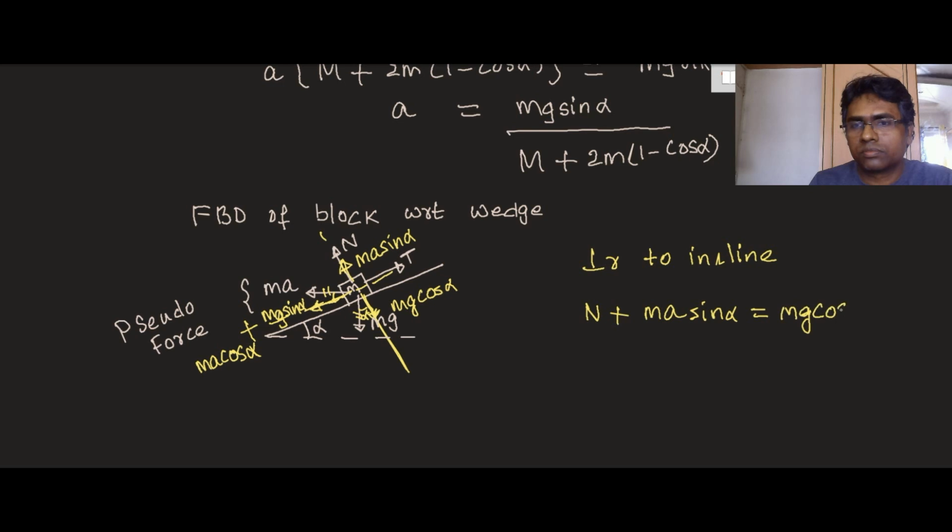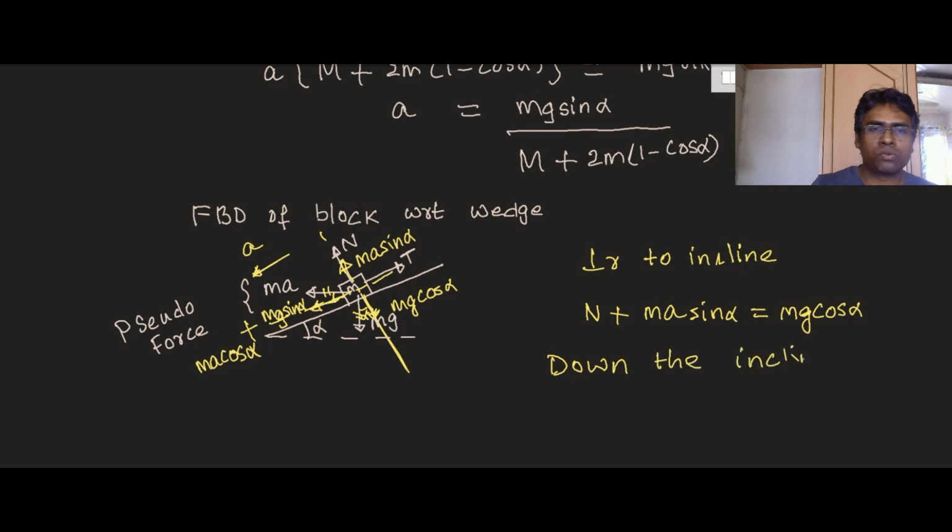Now if I look down the incline, we have already understood that with respect to the incline, the block has acceleration a downwards. So the forces downwards are dominating. I guess I'll have to check my settings again.